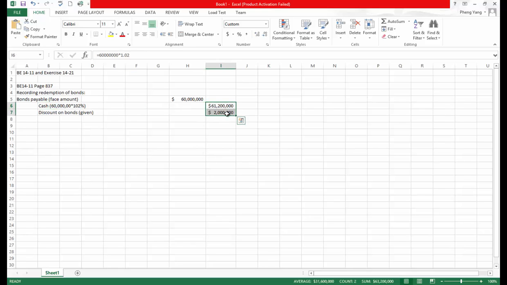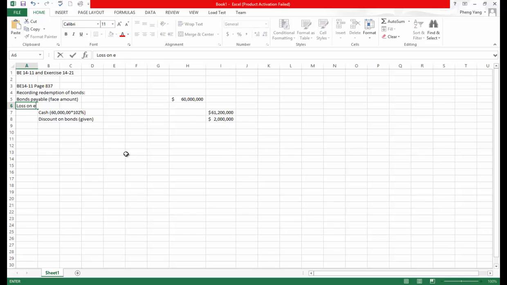Okay, our credits and debits do not add up. Our credits are 63,200,000, and our bonds payable, the face amount, is only 60 million. That means we have a loss. When we extinguish these bonds, we incurred a loss on early extinguishment.